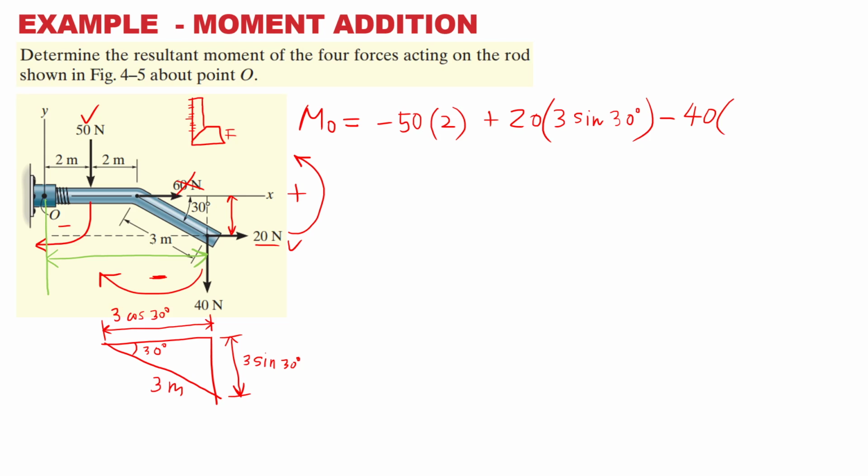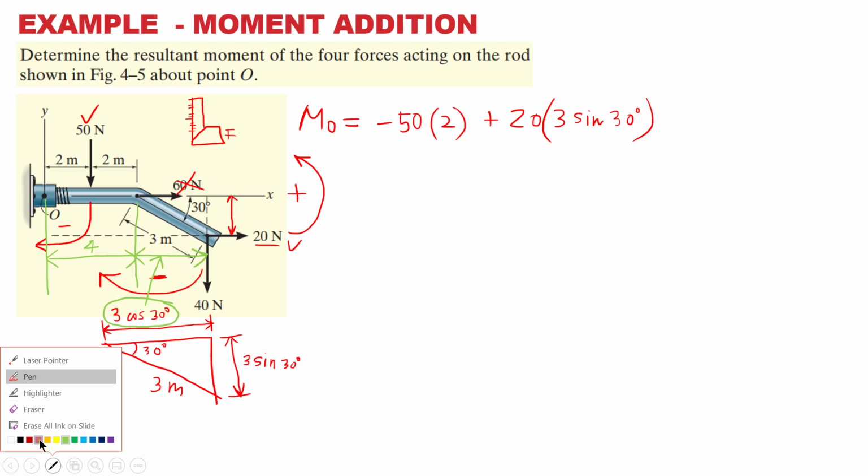Kita ada dua parts lah. Kita ada ni 4 meter campur this distance. This distance was this, right? 3 cos 30. Put here. So not enough. I'm going to bring this down. So merah juga ke?